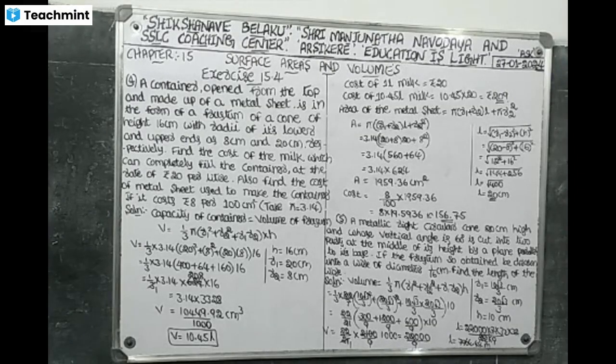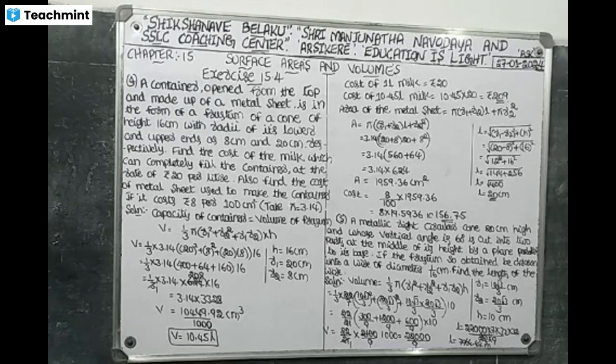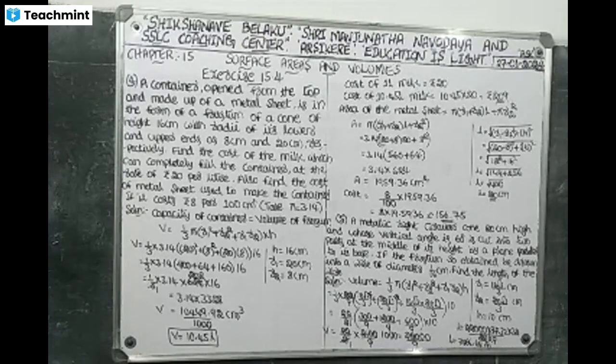Find the cost of the milk which can completely fill the container at the rate of rupees 20 per liter. Also find the cost of the metal sheet used to make it, if it costs rupees 8 per 100 centimeter square. Take pi value 3.14.